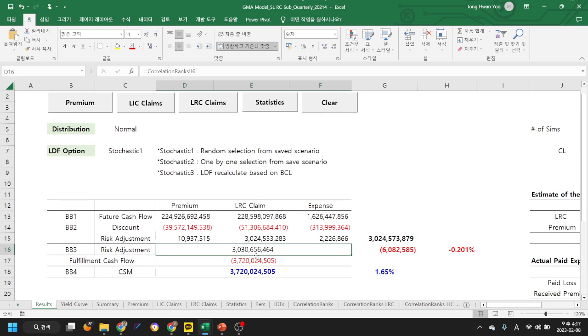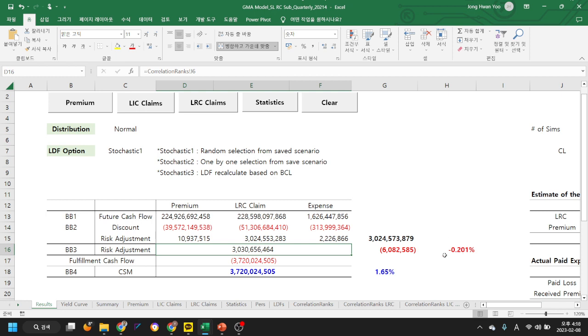And you can compare that one after applying the correlation ranks, 3.03 billion as opposed to 3.024 billion. That is only a 6 million, 82,000 difference, equivalent to 0.21%, which is quite similar.